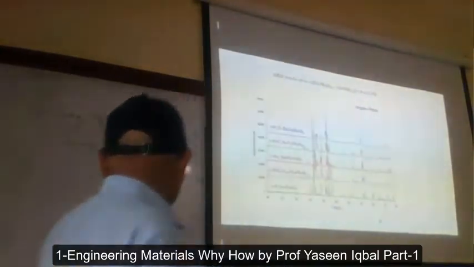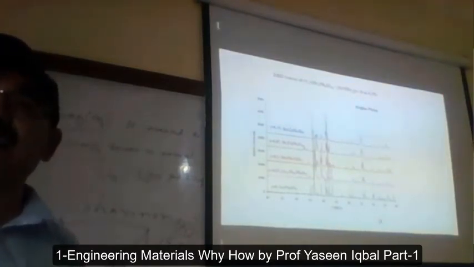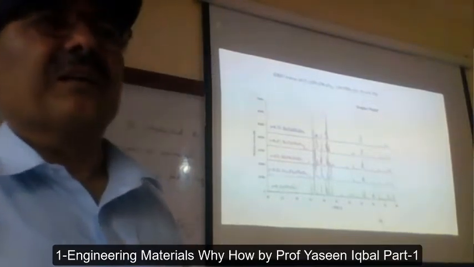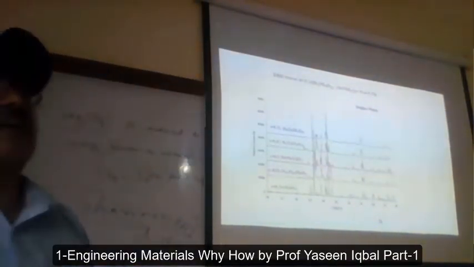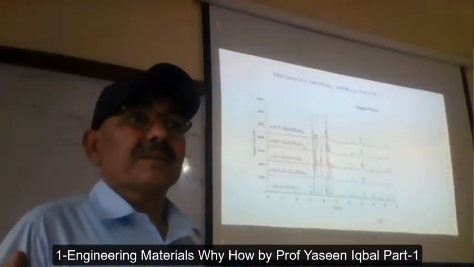So when you are substituting a cation here, you must have an idea of the ionic radii and their impact. But if the ionic radii of the host ion and the substituent ion are matching, then why am I replacing it? Right?